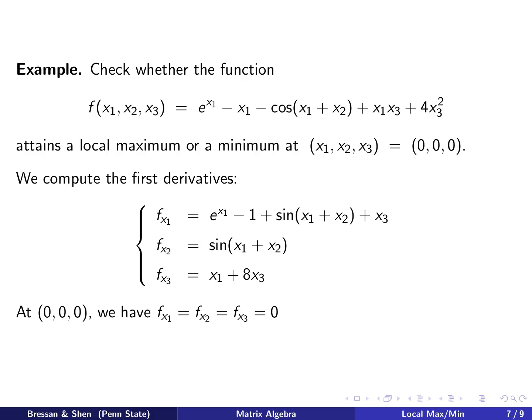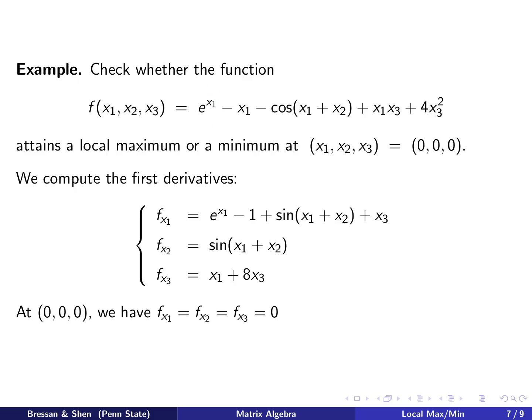So let's compute the first derivatives, all the partial derivatives of f with respect to x1, x2, and x3, all 3 of them. So taking the partial derivative with respect to x1, you would consider all the other variables, x2 and x3, as constants.